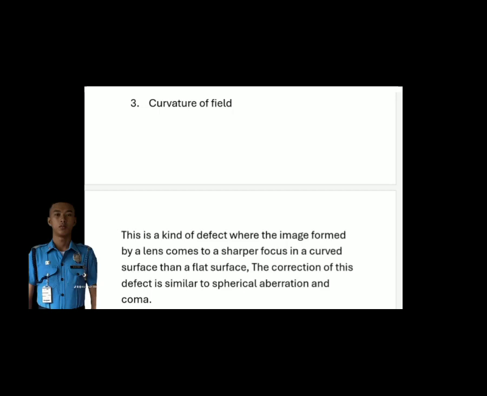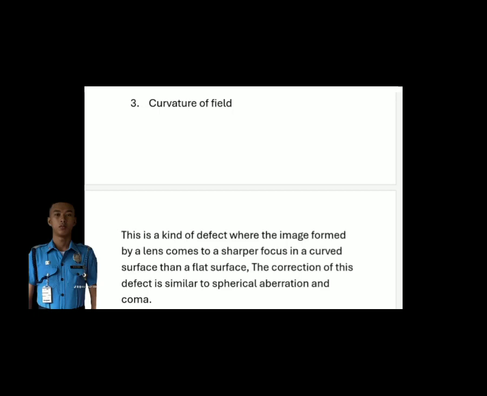So let's proceed to curvature of field. This is a kind of defect where the image formed by a lens comes to a sharper focus on a curved surface than a flat surface. The correction of this defect is similar to spherical aberration and coma.